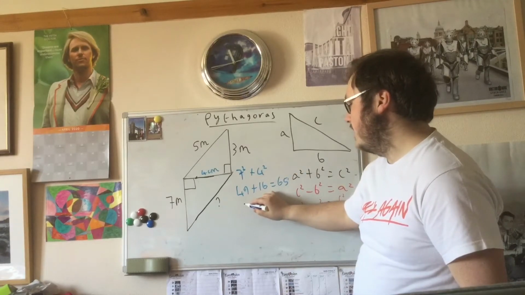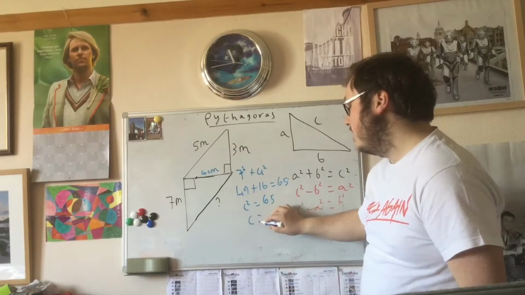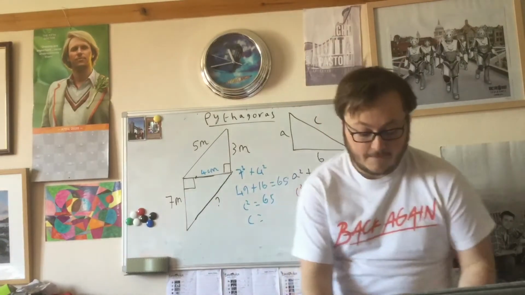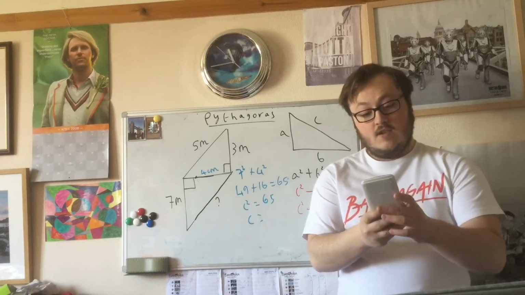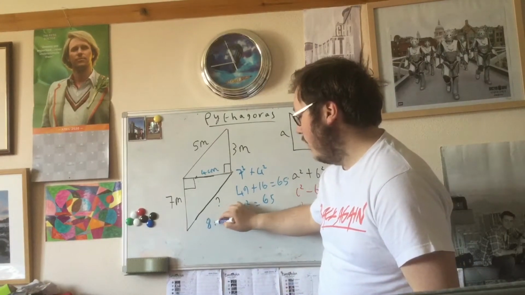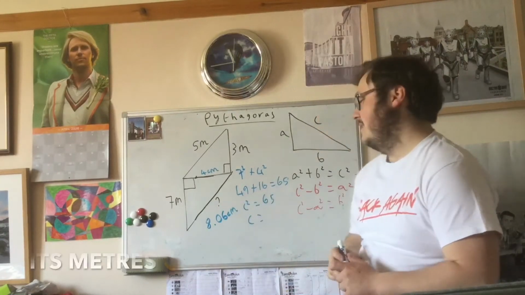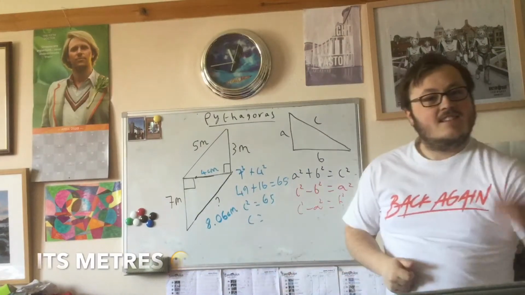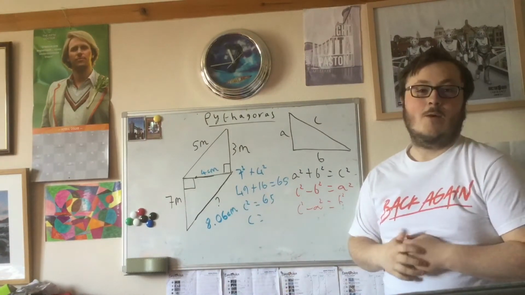So C squared is 65. How do you find C? You root 65, so you do that in your calculator. And let's do it to 2 decimal places. So the actual answer will be 8.06 centimetres. And that's how we find the hypotenuse of that triangle.